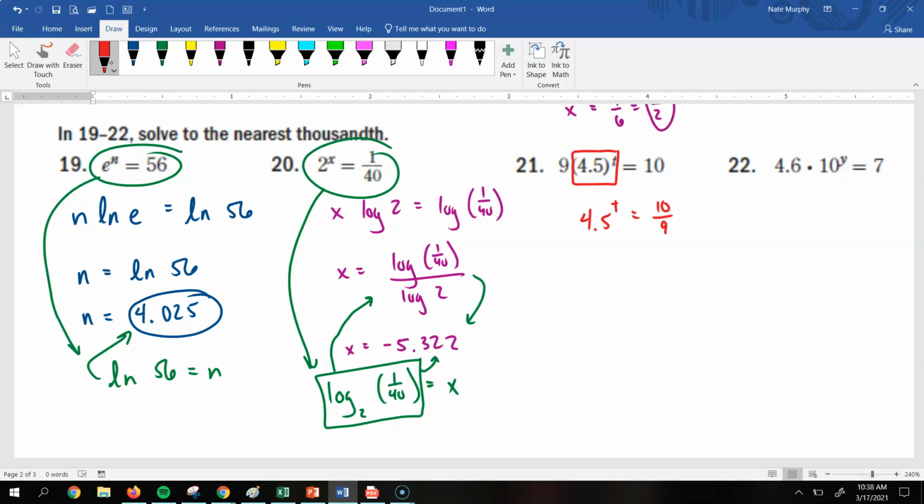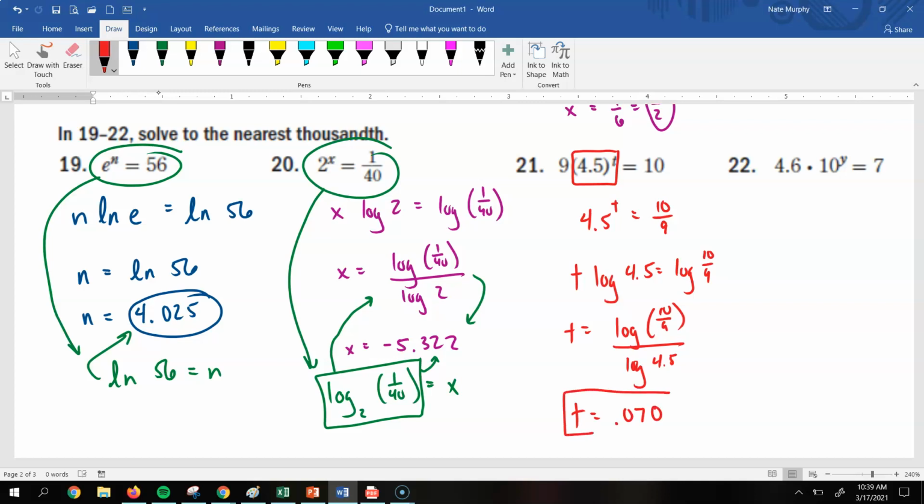All right, so now we're going to do this again by taking the log of both sides, and when I do that, the t would go out in front, so it'd be log of 4.5 equals the log of 10/9. So to find out what t is, we would divide both sides by log of 4.5. And you get your answer of 0.070. Technically 0.07, but since they say around here is thousands, we'll just put it in as 0.070.